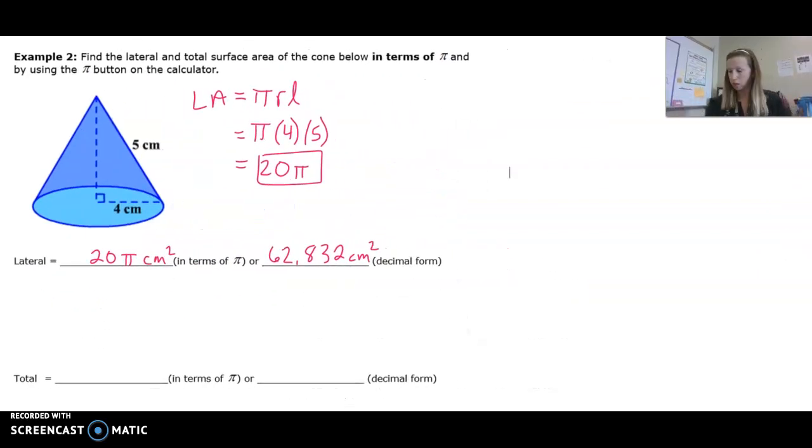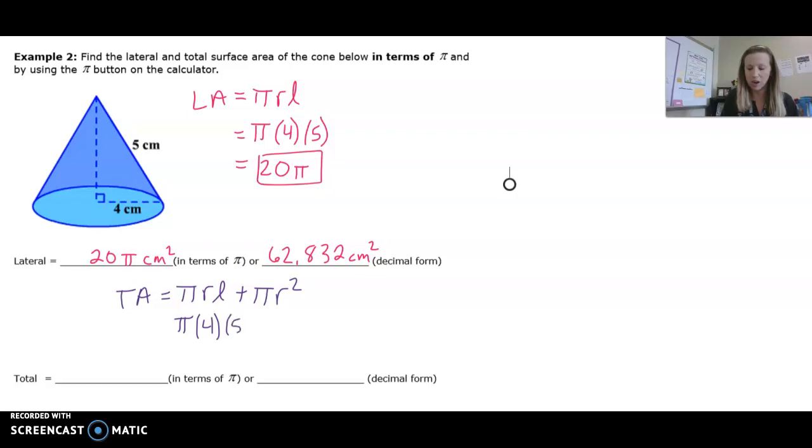Okay. So now all that's left to do is to find the total surface area. Okay? So the total surface area formula is pi r L plus pi r squared, the base. Okay? So we already know what the lateral surface area is here. We knew the radius was 4 and the slant height was 5.